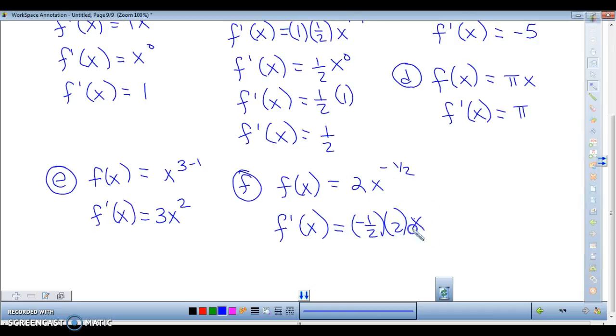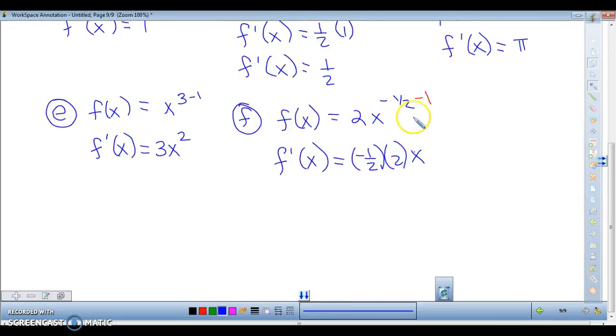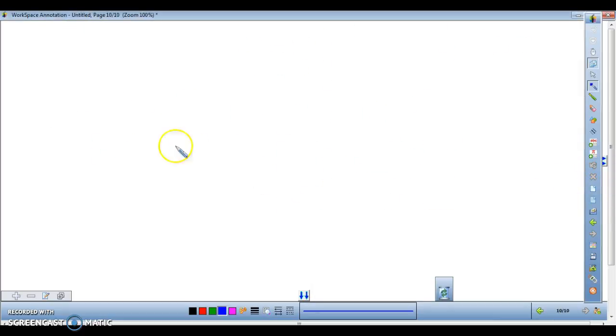Bring down the x. Decrease this power by 1. Watch out for the fractions and signs and make sure you get them right. And so that gives me negative 3/2 right there. So the derivative of f is going to multiply to be negative 1 times x to the negative 3/2. And that is your derivative, and you can leave it that way depending on how the question is worded and what you're going to do with it.